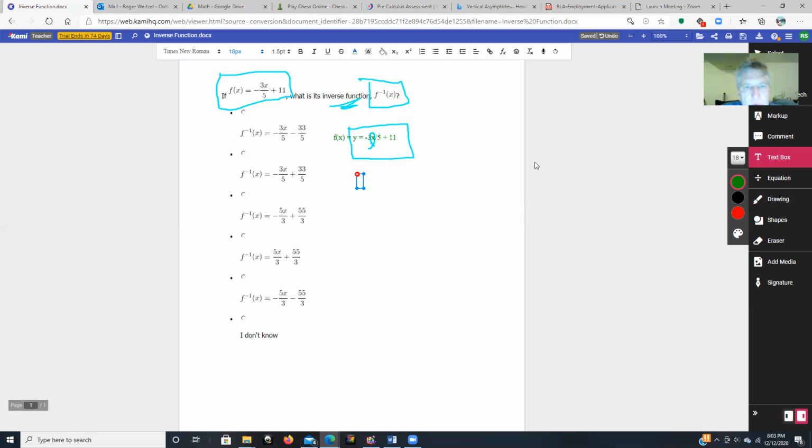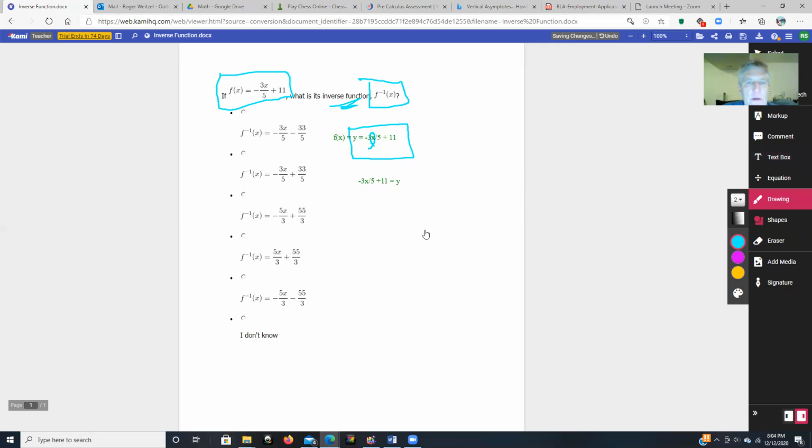First of all, we want to get x by itself, on the left-hand side. So I'm just going to say 3x divided by 5 plus 11 is equal to y. All right, we're going to do regular algebra here.